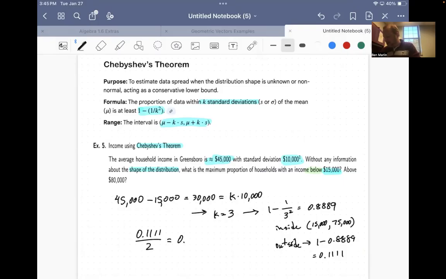Where's my calculator? And say 0.1111 divided by 2, and I get 0.05555. Well, let's round it to 6. So that's about 5.6% of the population. So no more than 5.6% of the population is dealing with an income below 15,000, according to our data. Okay.